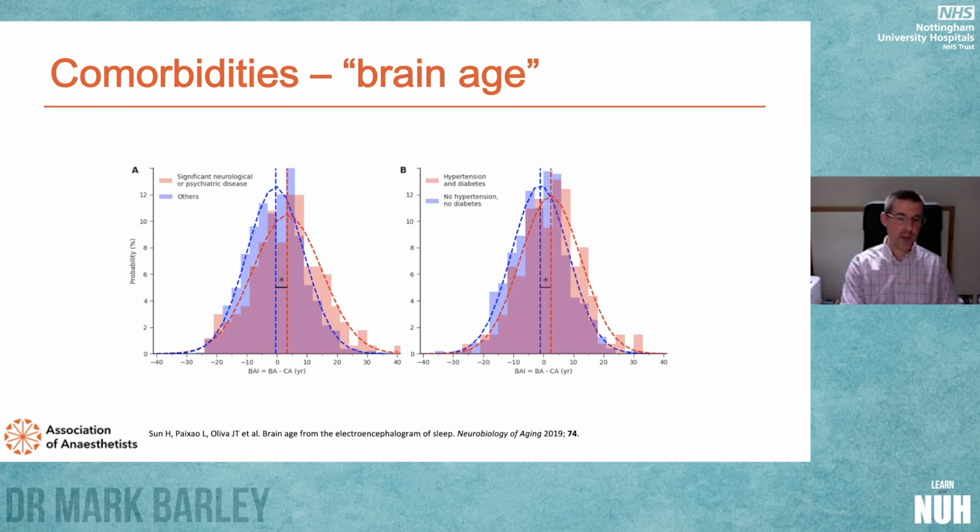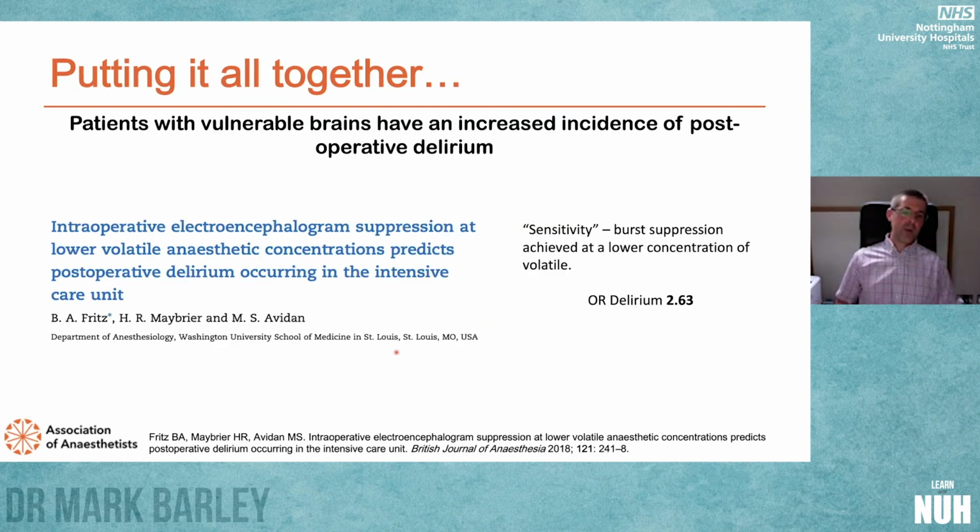Let's put this all together then. Michael Avidan's group showed that intraoperative EEG suppression at lower volatile anaesthetic concentration predicts postoperative delirium occurring on the ICU. And remember, in the States, where Avidan and team are from, everything's ITU, I think.